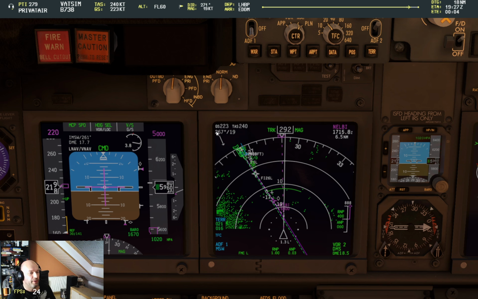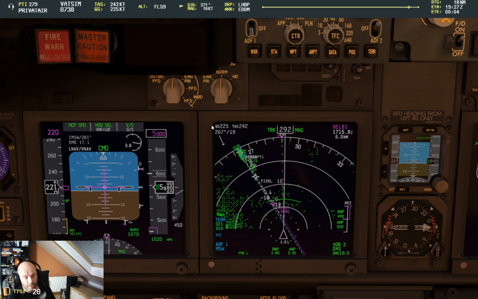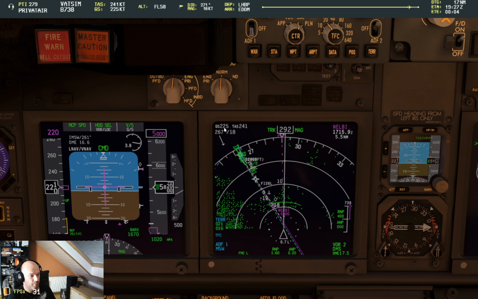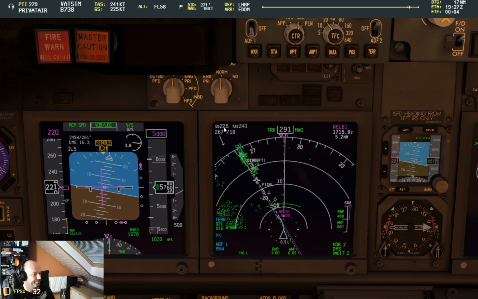The other way to calculate the given or the required descent rate is as well, you divide the ground speed by 60 and 1,000 to go. Multiply the result with 3. So for example, 220 divided by 60, or make it 22 by 6 is about 4. 4 times 3 is 12, so 1,200 feet a minute. Localizer is green.